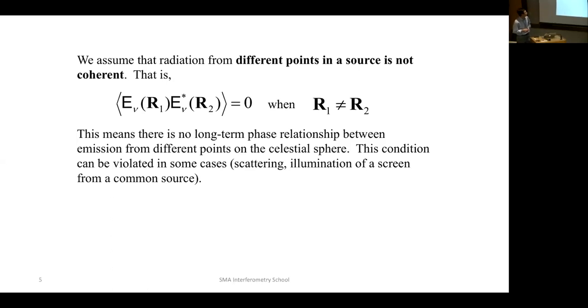That assumption means there's no long-term phase relation between the emission from different points in the celestial region. That is a pretty good assumption, although it will break down in some cases, like scattering, illumination, or the screening of a common source. But in a lot of our applications, this is generally a valid assumption. So feel free to interrupt me if you have questions.